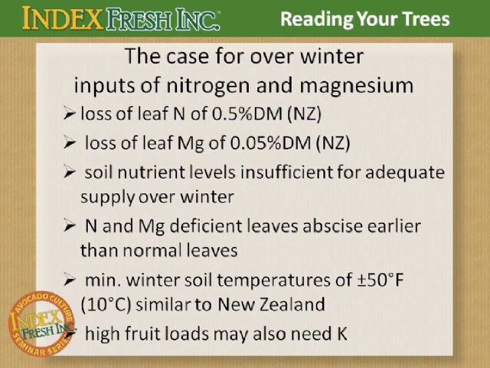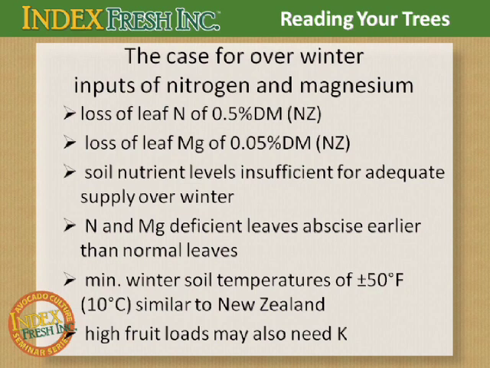We find that there is a loss of leaf nitrogen over winter of 0.5%, and magnesium of 0.05%. We find that soil nutrient levels, even if we finish fertilizing like we used to in May, were insufficient to provide for adequate supply over winter. That's what we found.